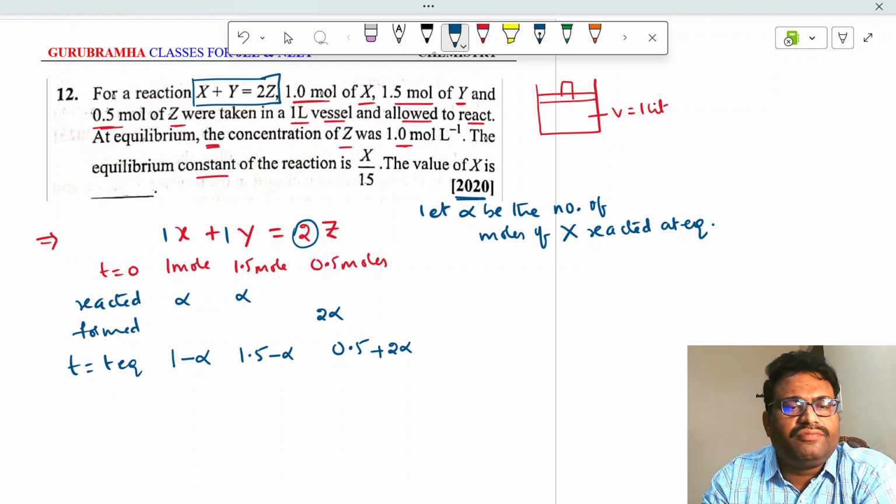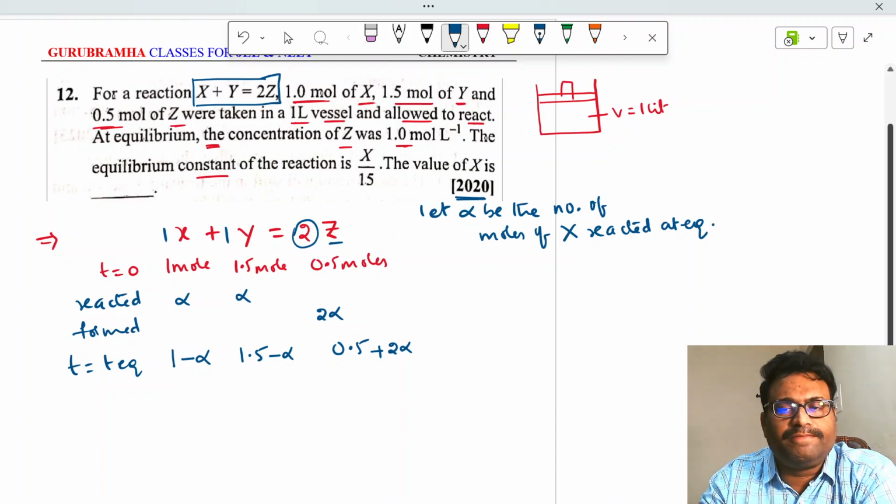For y, initially 1.5 moles is present, reacted is alpha, remaining is 1.5 minus alpha. For z, initially present 0.5 moles, formed is 2 alpha. At equilibrium, the number of moles of z present is 0.5 plus 2 alpha.